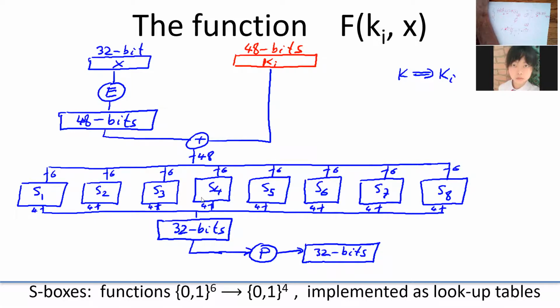And so this whole circuitry is what? Well, I take my X and I multiply it by an E, because E is a linear function, and then I have to XOR K, but you know, I can do it like this.